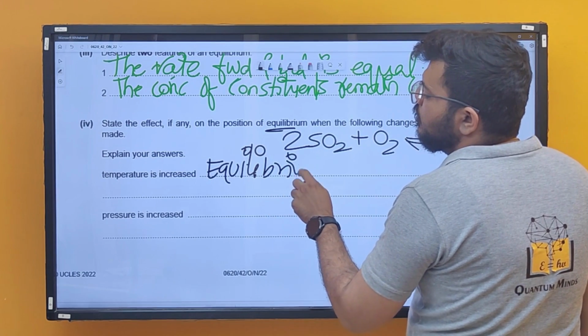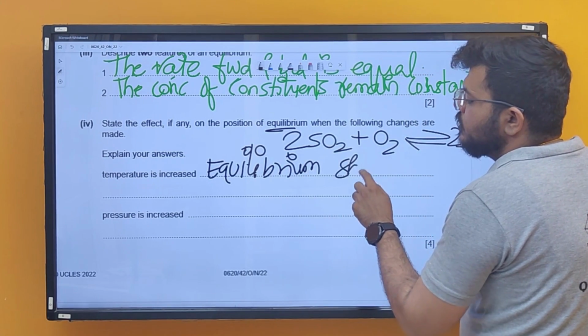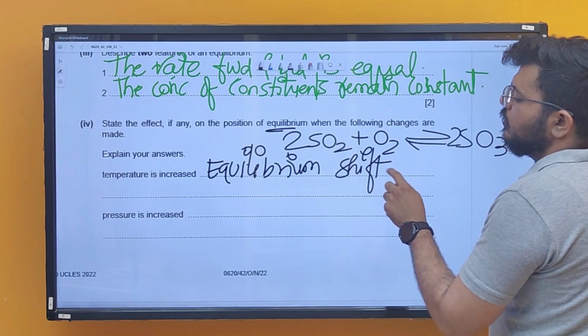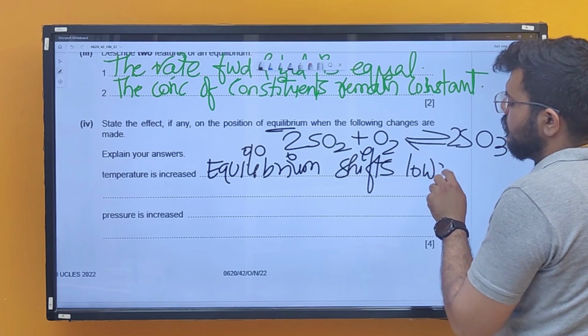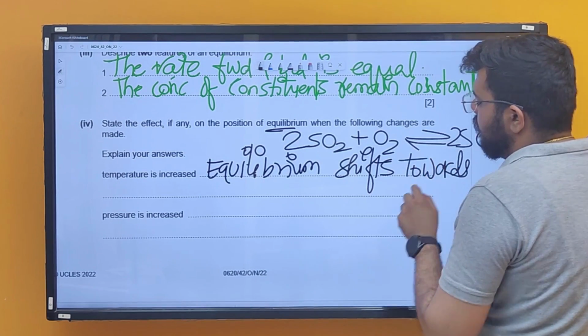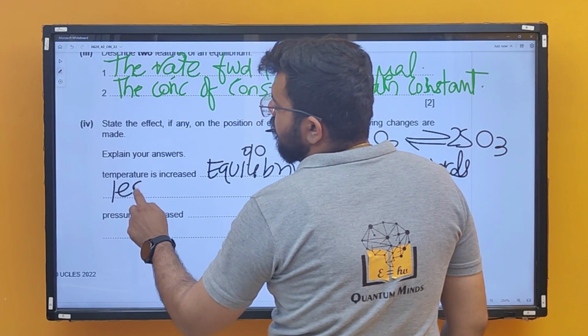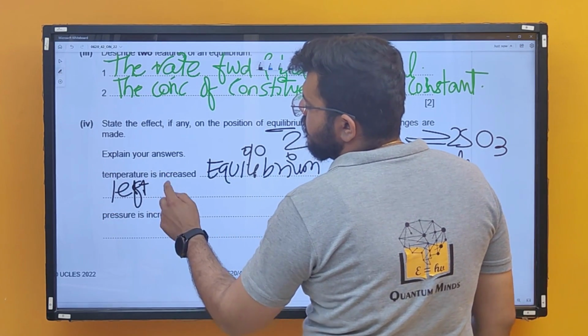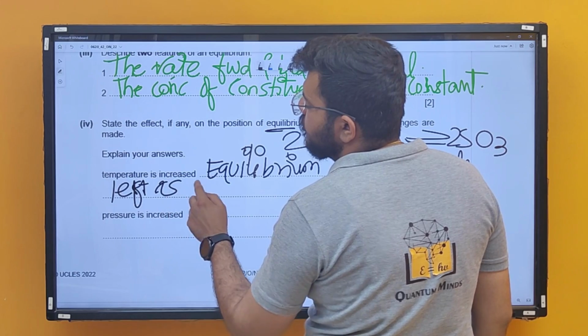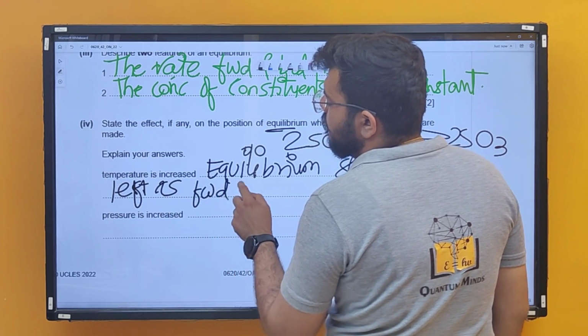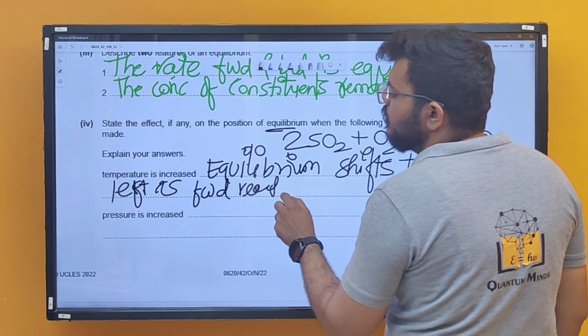Equilibrium shifts towards left. They are saying explain your answers as forward reaction is exothermic.